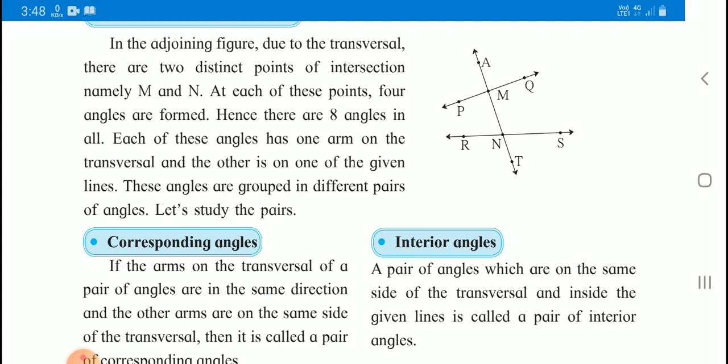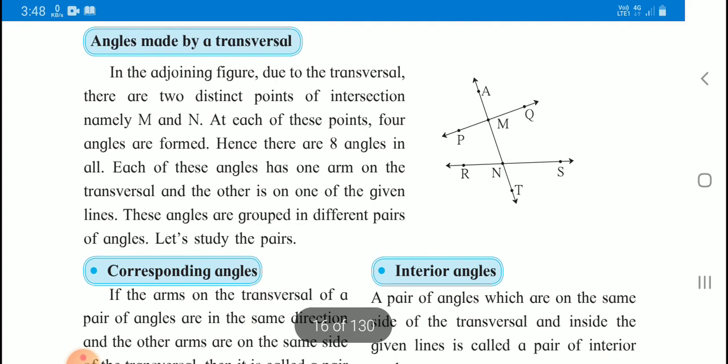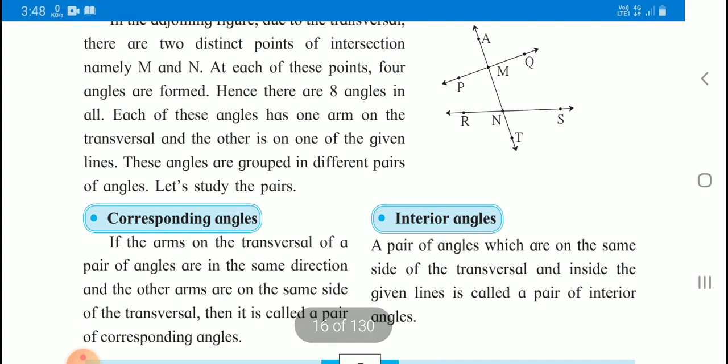These four angles are related with the transversal and those particular lines. Here they have given the lines PQ and line RS, and AT is the transversal, and this transversal intersects these two lines at the points M and N.